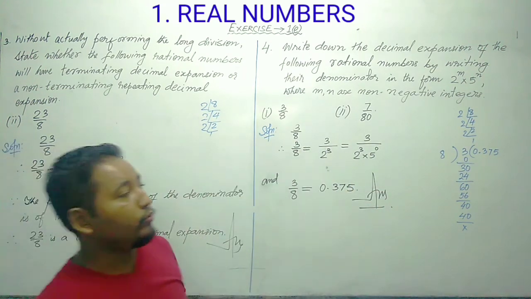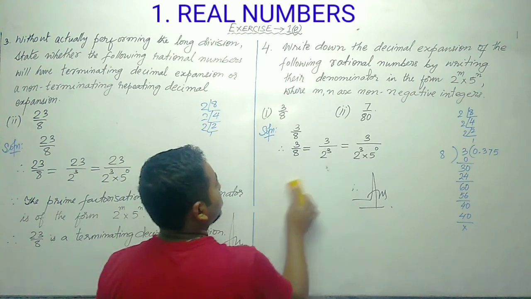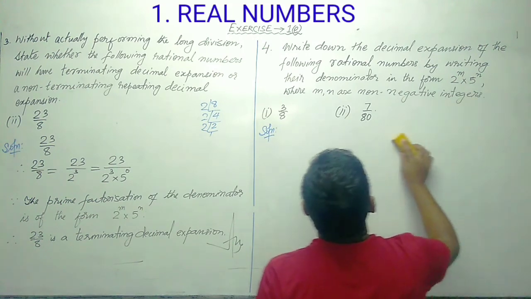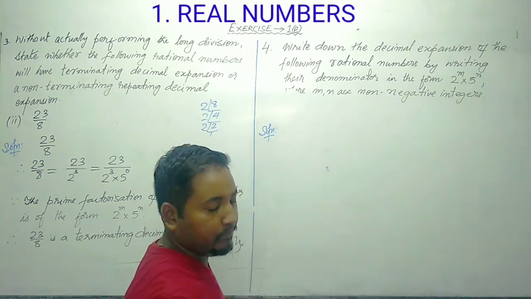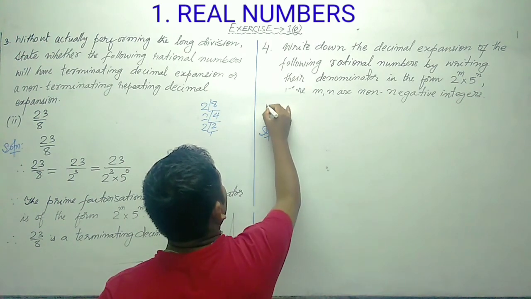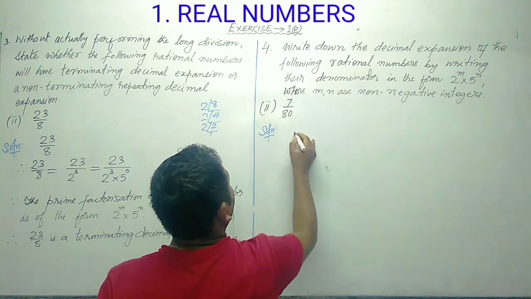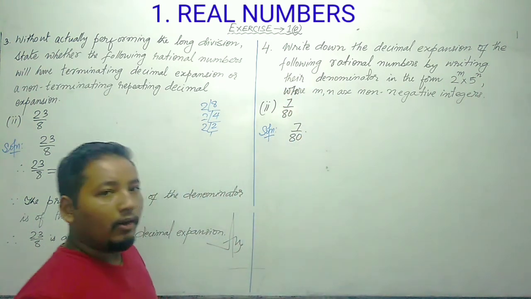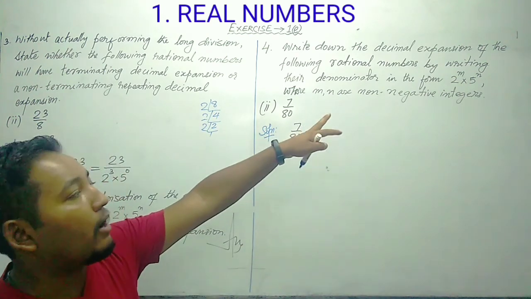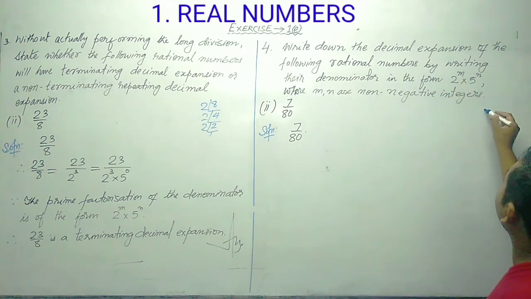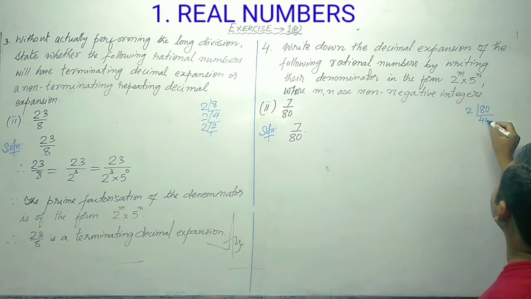Now let us try number 2. Let us again convert this 80 in terms of 2 to the power m into 5 to the power n. 2 40s are 80, 2 20s are 40, 2 10s are 20, 2 5s are 10, 5 1s are 5.